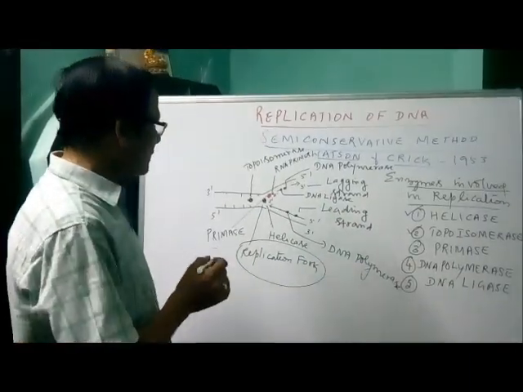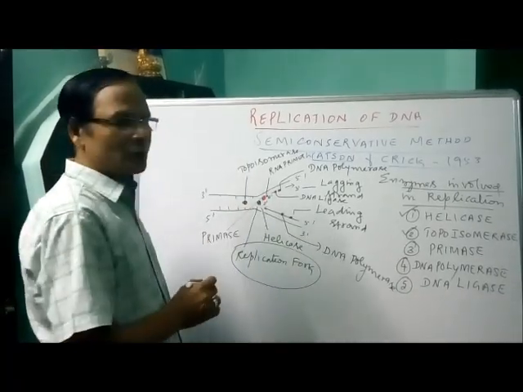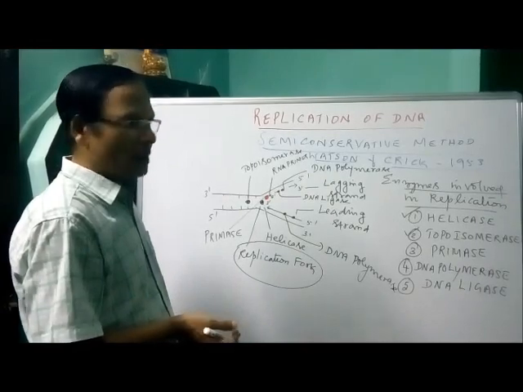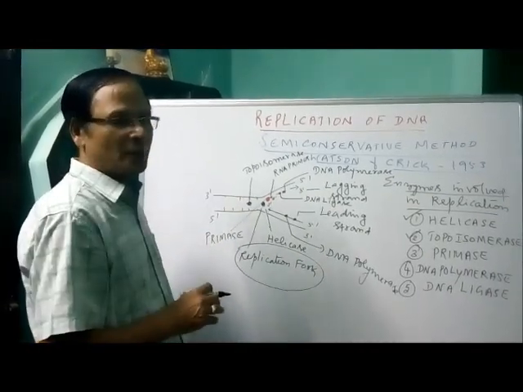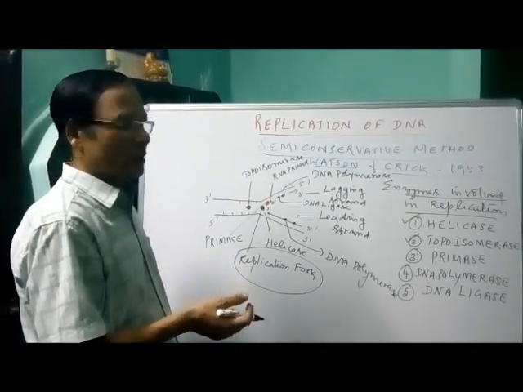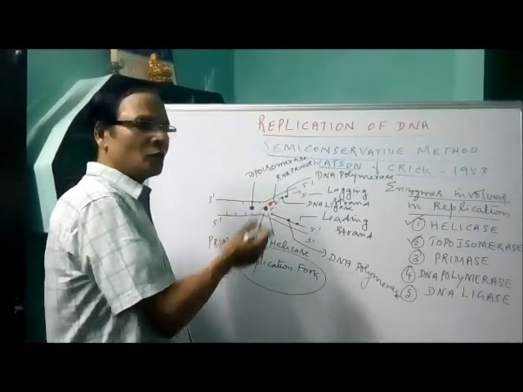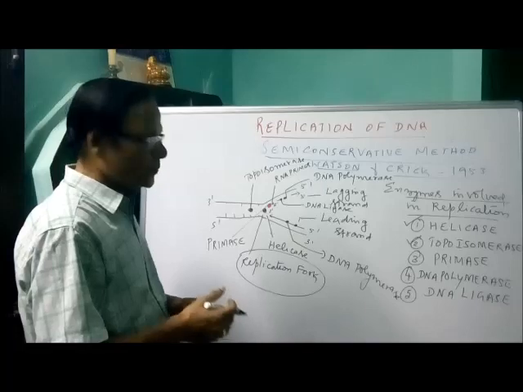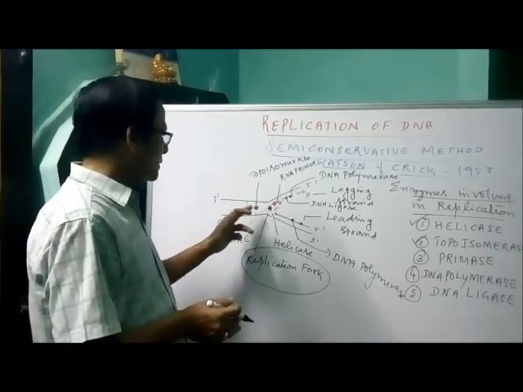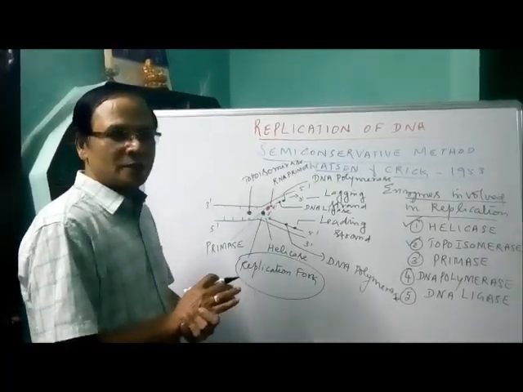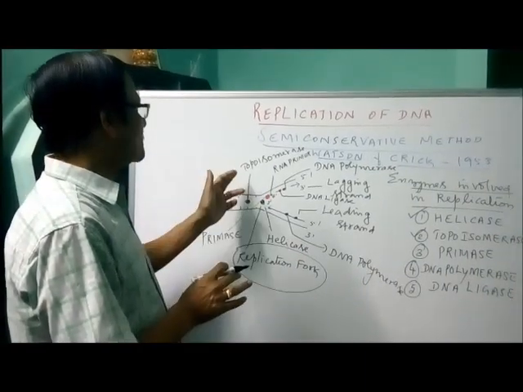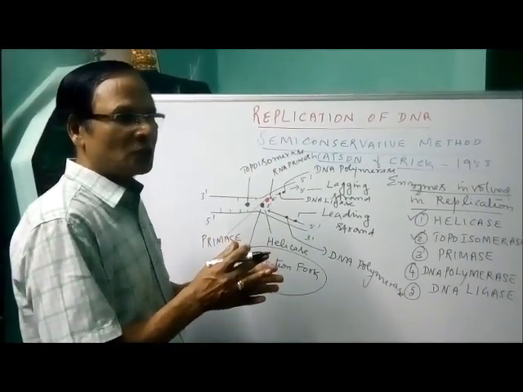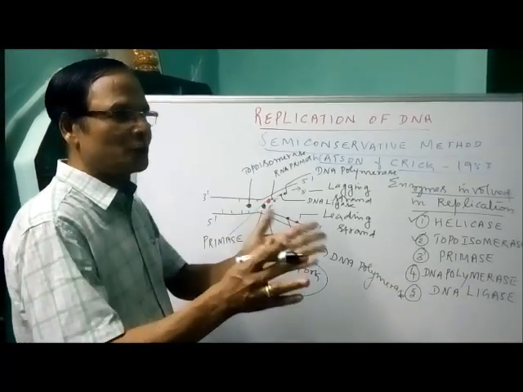There are certain regions above the replication fork, normally in the form of twists from the unwinding process, or we can say supercoils. They lie above the replication fork in the form of twists and are not separated. These are relieved by topoisomerase, which relieves the tension, the twist in the supercoil.